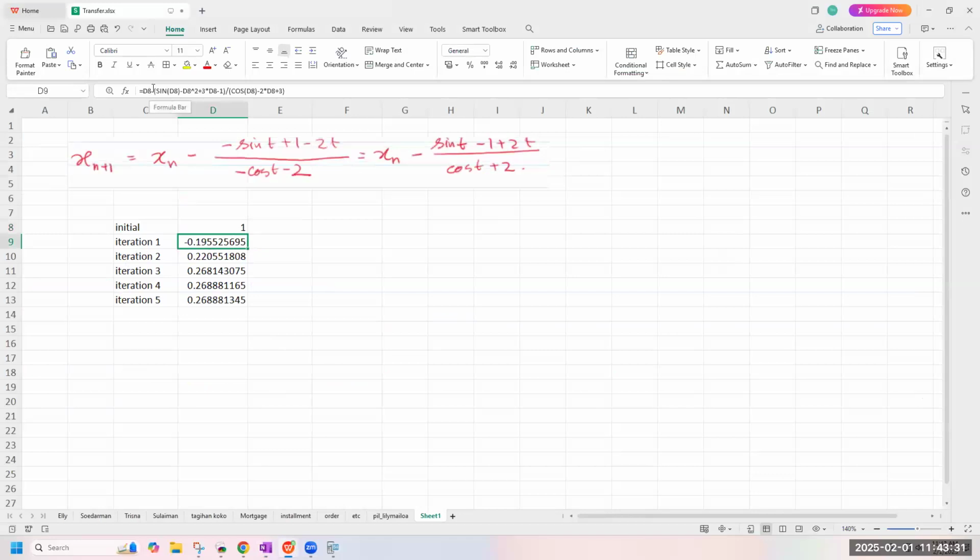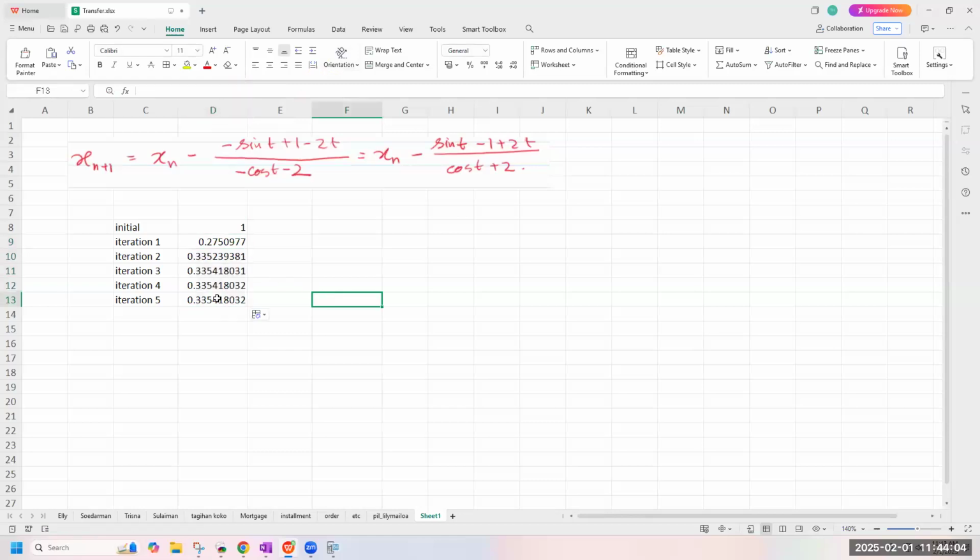So that will be D8, and then the numerator will be sine D8 minus 1 plus 2 times t. That's for the numerator. The denominator is cosine of that plus 2. Okay, and then from here copy paste.